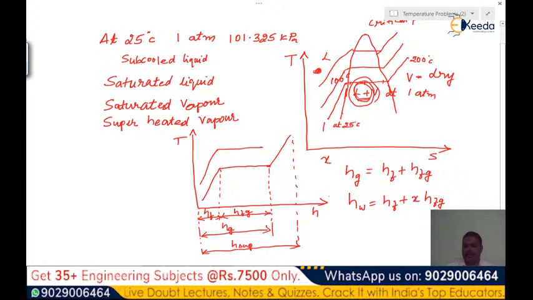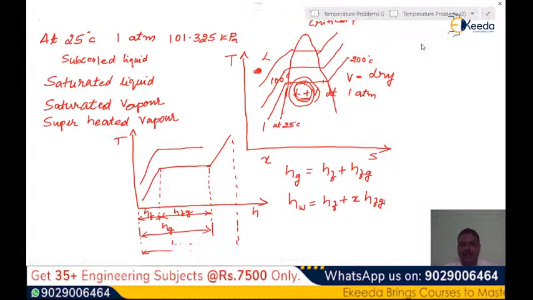Now let us see how exactly we can get these values for different pressures. For that, we will have a table from the thermodynamic data handbook.